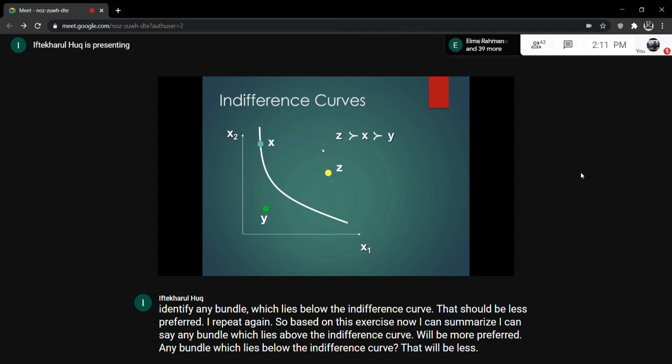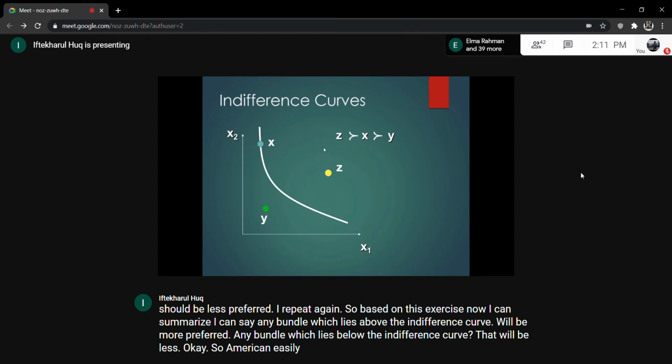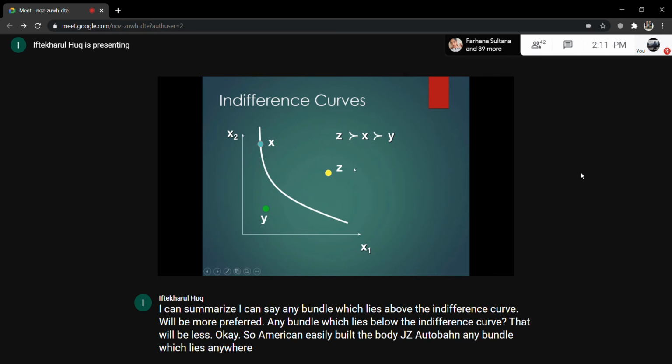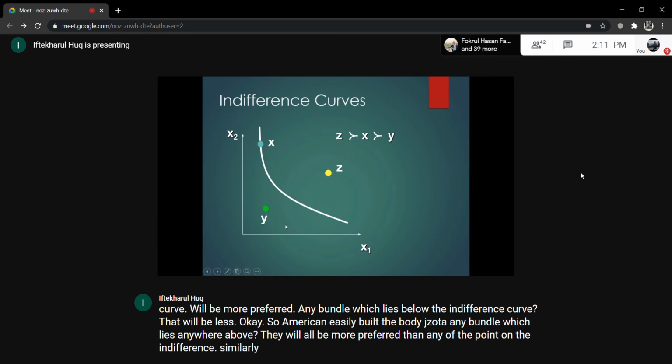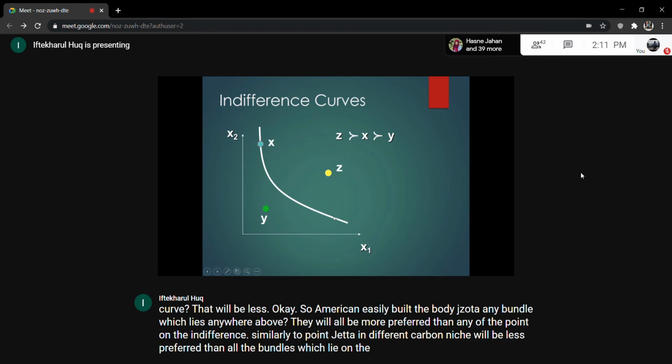Okay, so we can now easily say that Z, or any bundle which lies anywhere above, will all be more preferred than any of the points on the indifference curve. Similarly, any point below the indifference curve, I can say all those bundles will be less preferred than all the bundles which lie on the indifference curve.